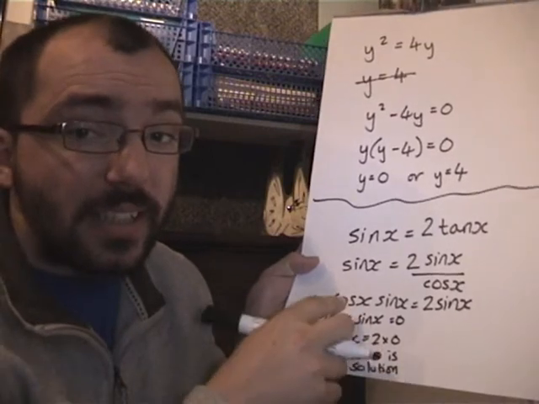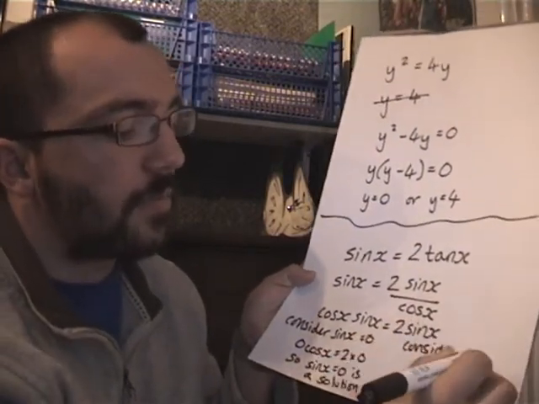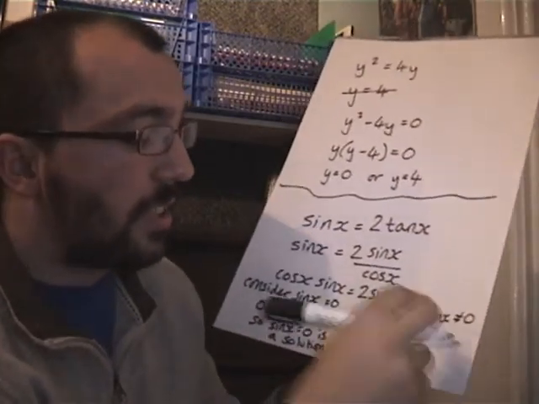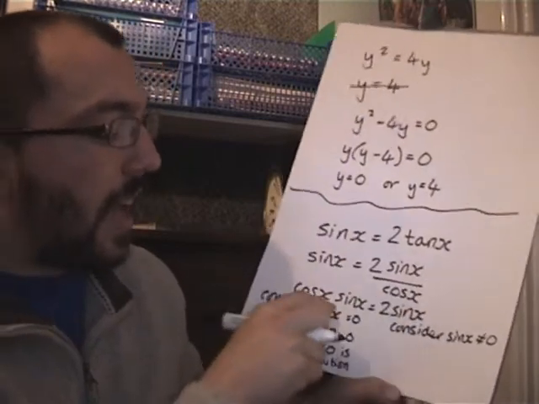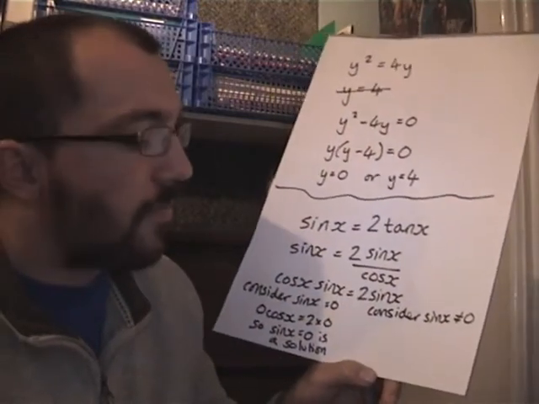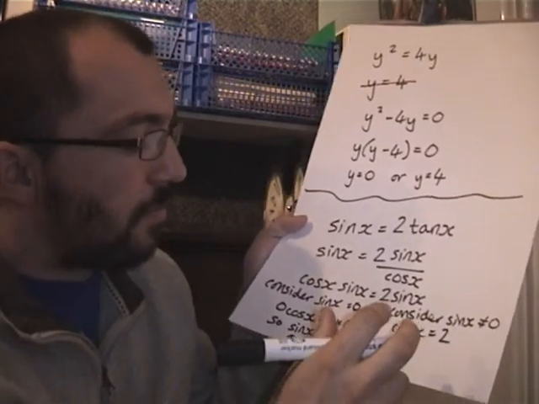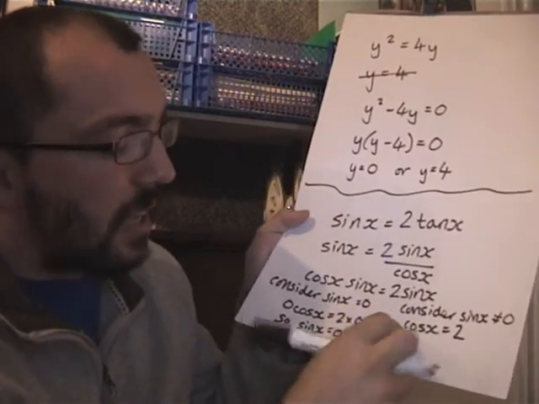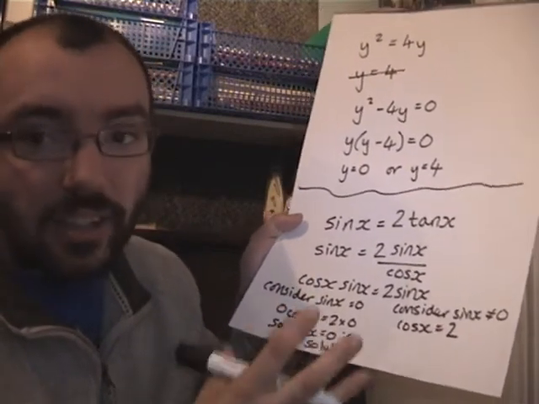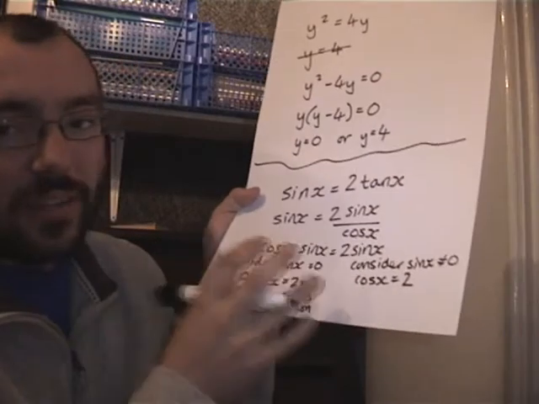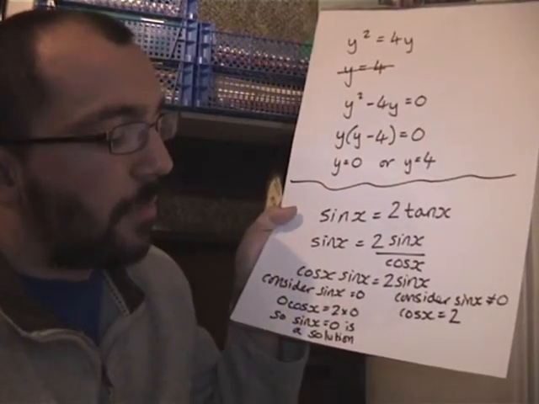And once we've considered that, we can then consider that sin x isn't equal to 0. And considering this separately, because sin x isn't 0, I can divide by it. And what I'll end up with is 2 different sets of solutions to this equation. At the end, I'll just put them together and say, so my solutions are, and then list out all the possible solutions.